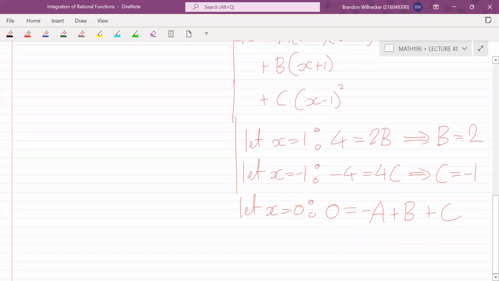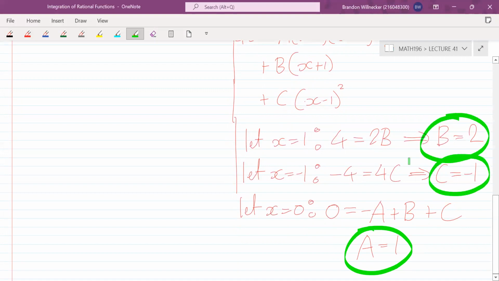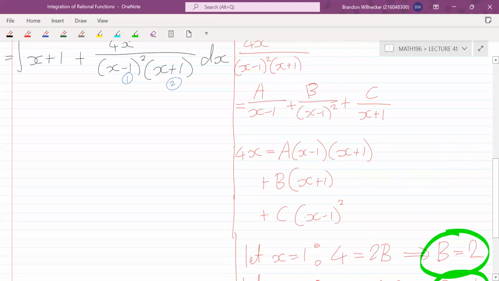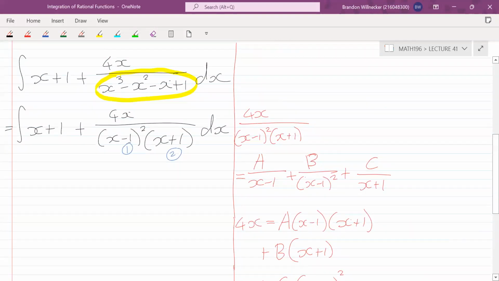But we know the values of b and c, so we can substitute that in, and then we can get our value of a. Okay, so subbing in, we get a is 1. Okay, so we've got our a term, we've got our b term, and we've got our c term, which means we can finally write out the partial fractions here.